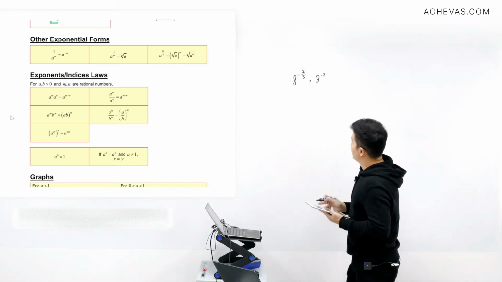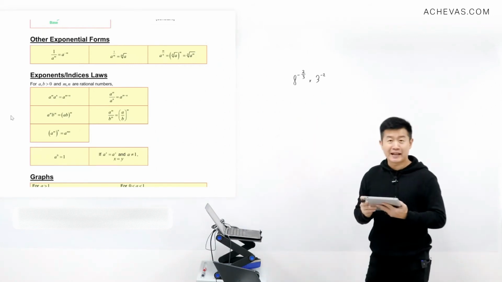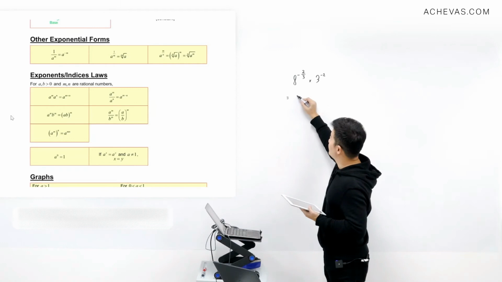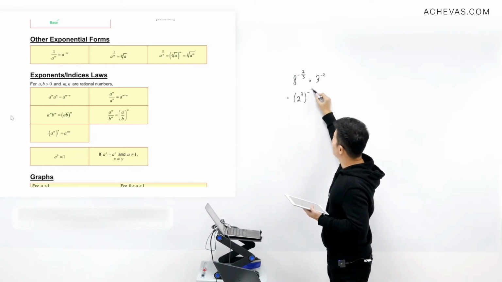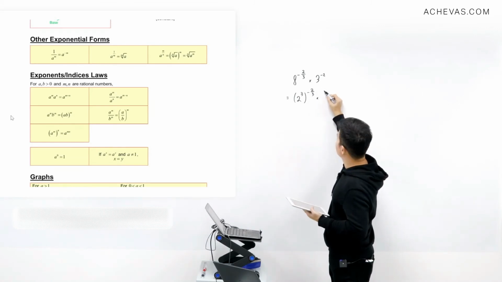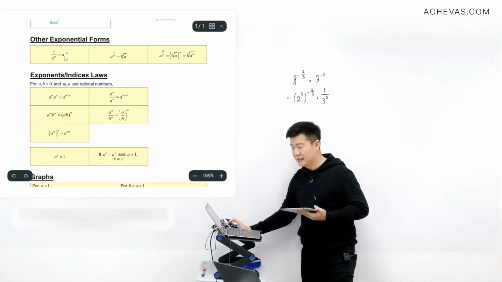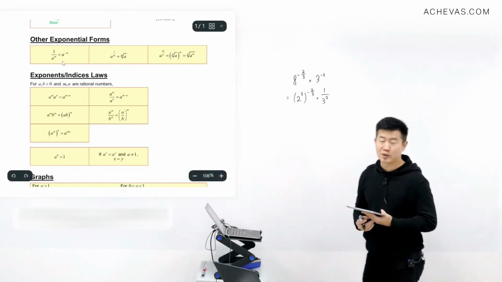So this 8 here, I'm going to re-express it as 2 to the power of 3. Then to the power of minus 2 over 3, times this, I'm going to write it as 1 over 3 to the power of 2. I'm already applying this, okay, 1 over a to the power of m.